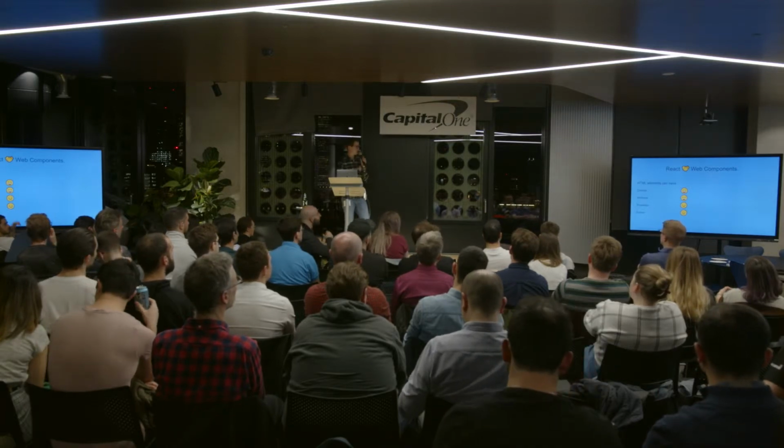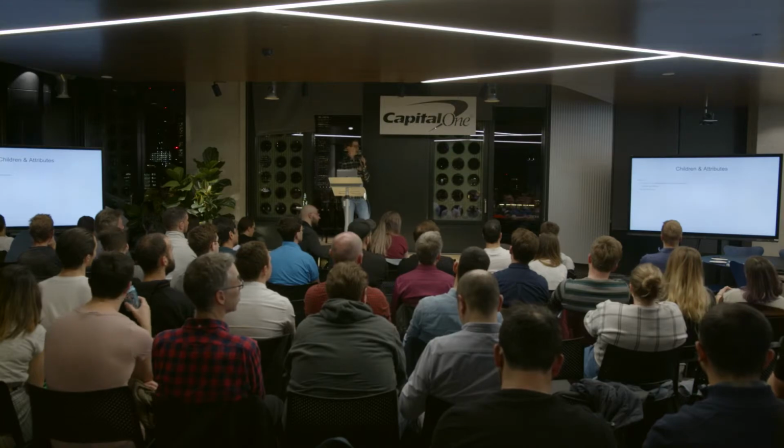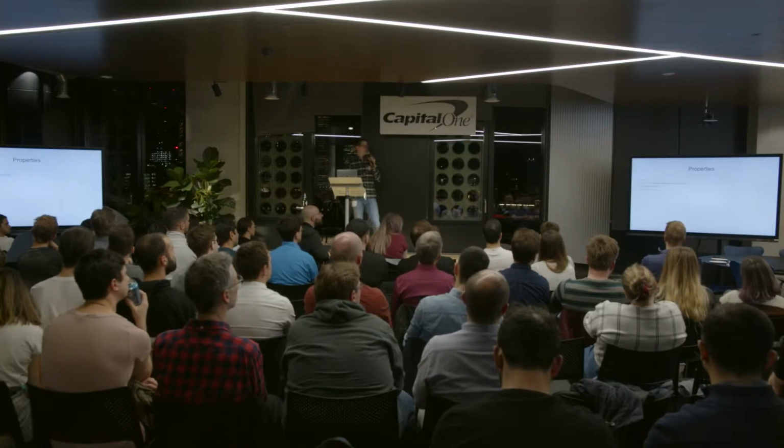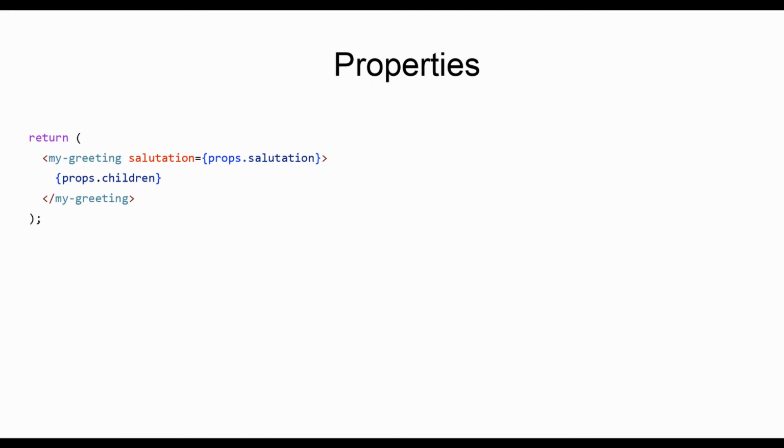But we can make this work. Let's start with children and attributes. This will just work. Salutation is an attribute, props to children can be rendered. That will work. Properties, for these we have to use refs. This uses the new hooks API. Use ref is like create ref in the model before hooks.